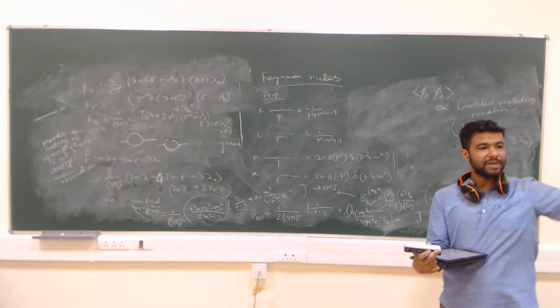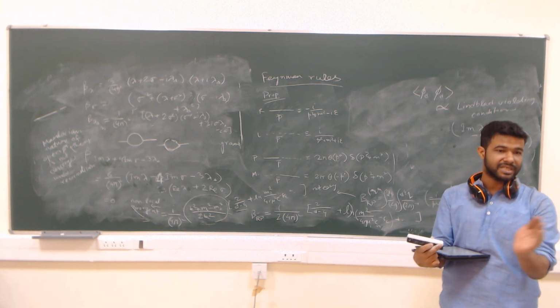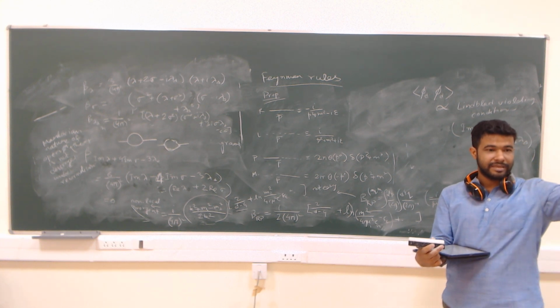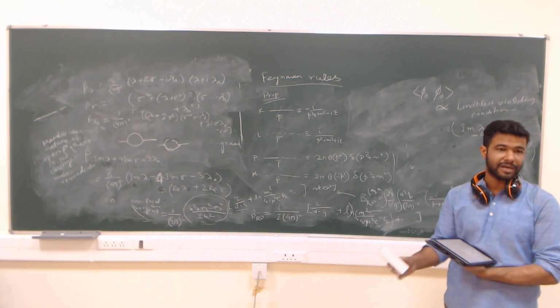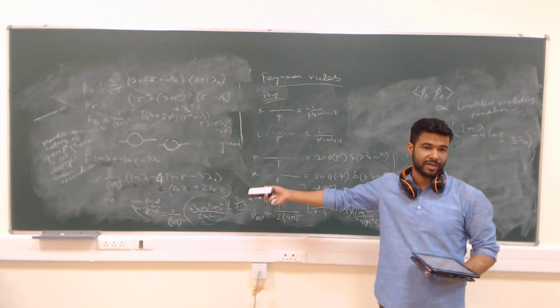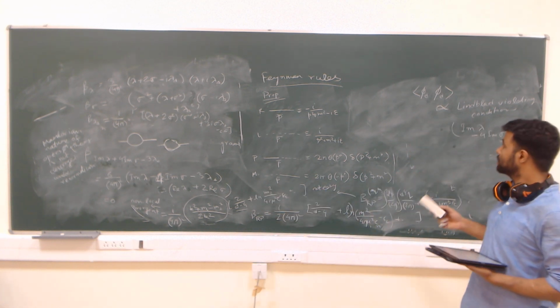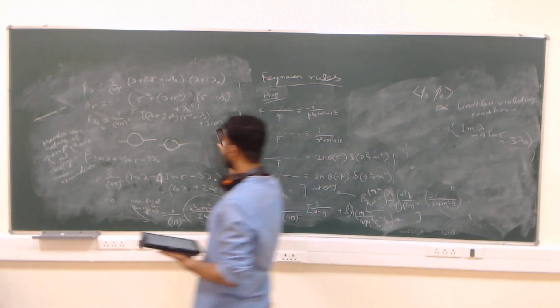So those environmental fields which have left some signature inside the action, that non-local interaction part might be resulting in these non-local divergences. That is one naive way to think about it.